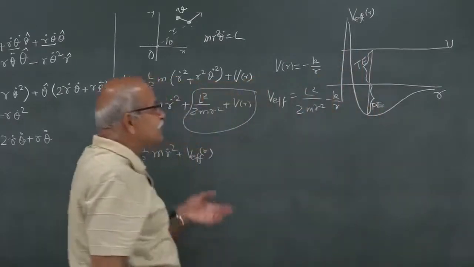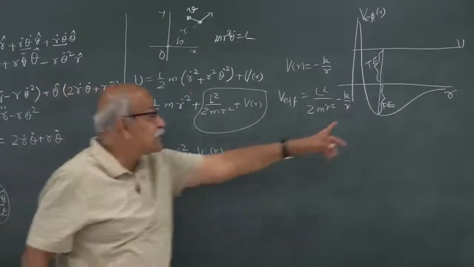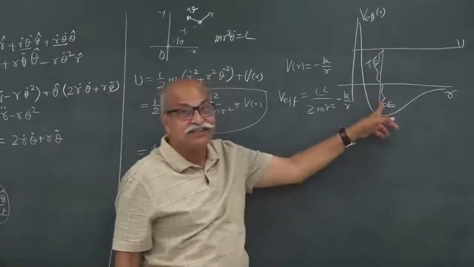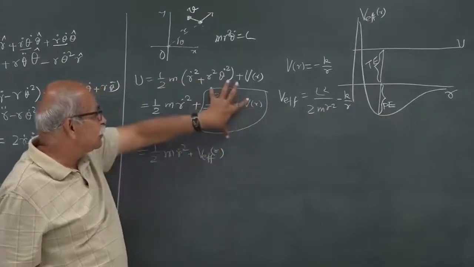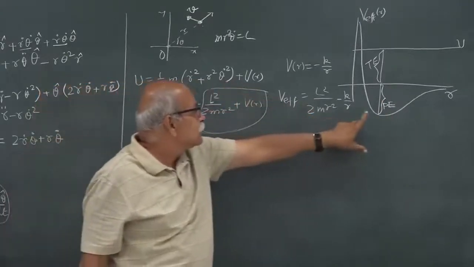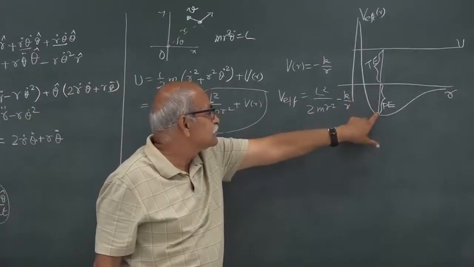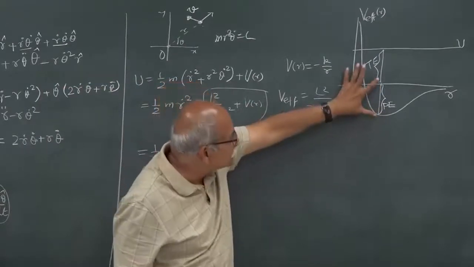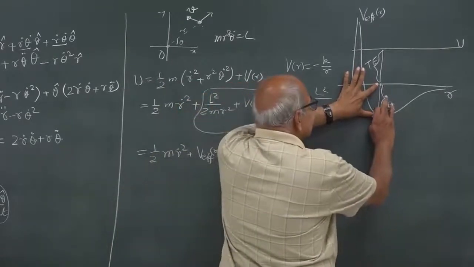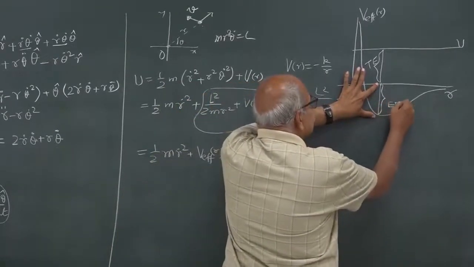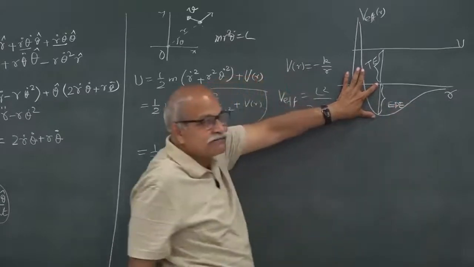Okay. So, this is not potential energy, this is effective potential energy, this much. The value of this is given by this point, this much is the effective potential energy, V effective.